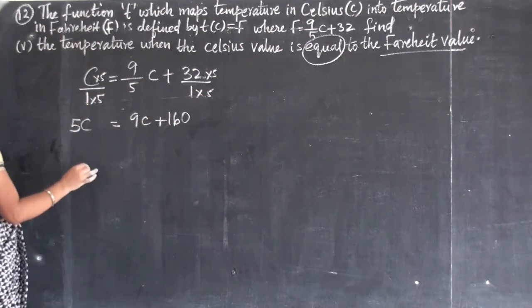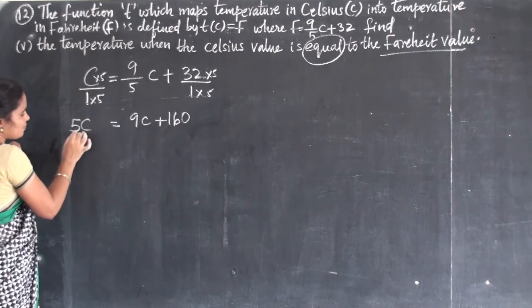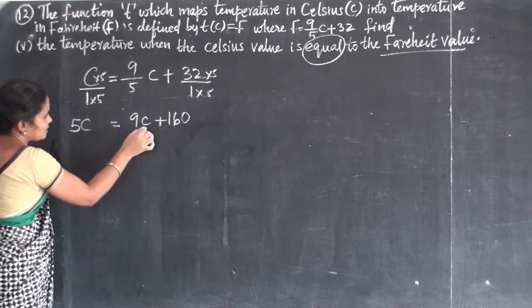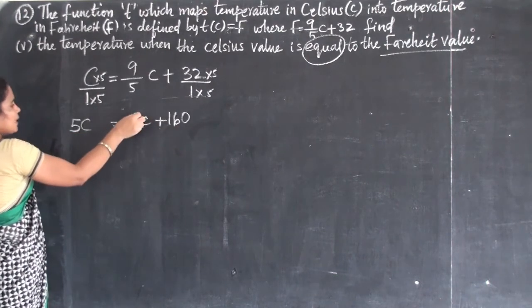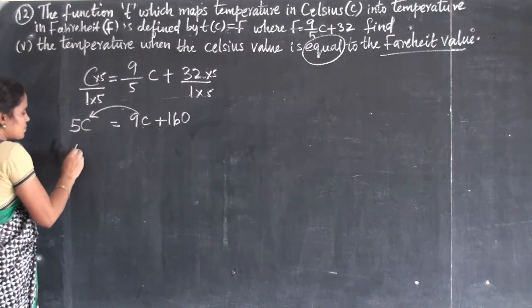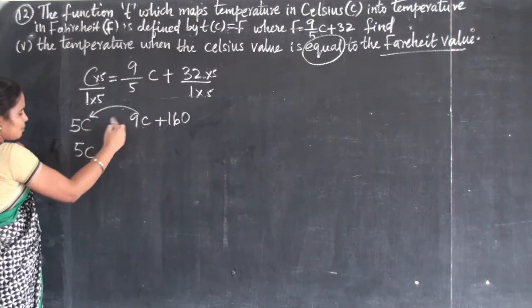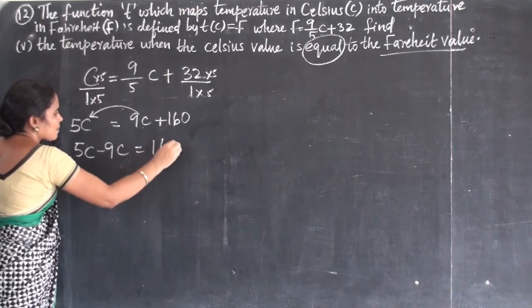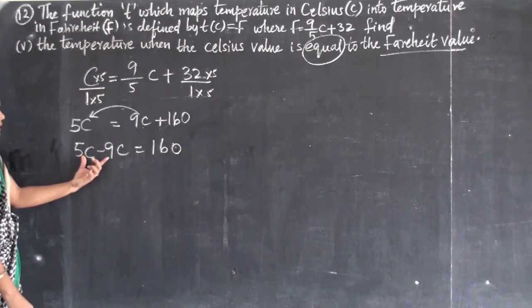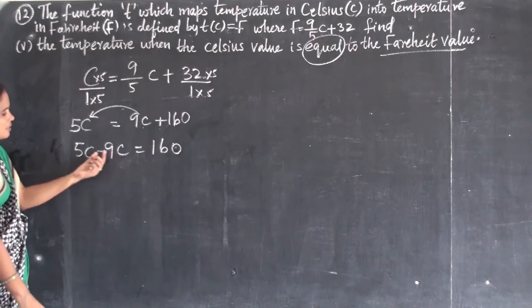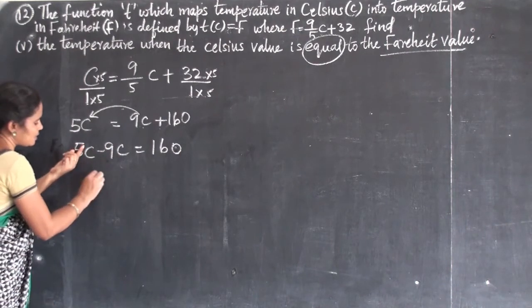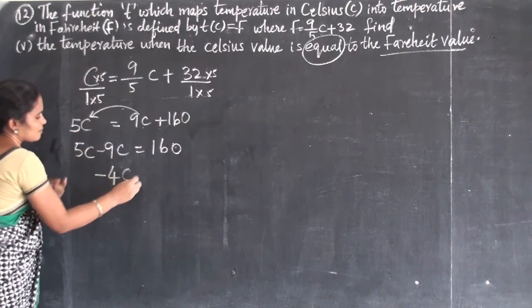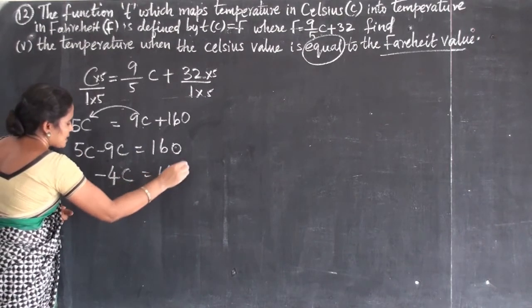So leave the 5 and have this 5C is equal to 9C plus 160. Take C's together, that is 5C minus 9C is equal to 160. 5C is smaller than 9C, so subtract 9 minus 5, it is minus 4C is equal to 160.